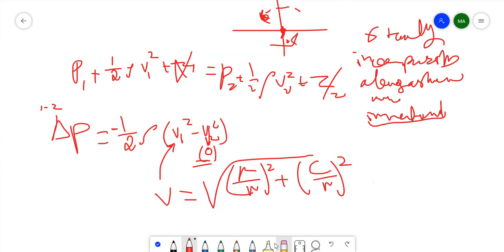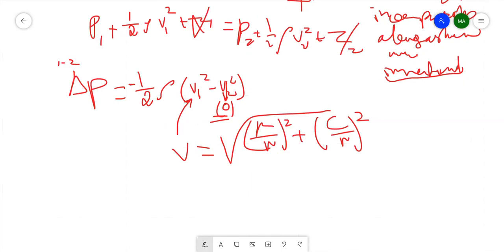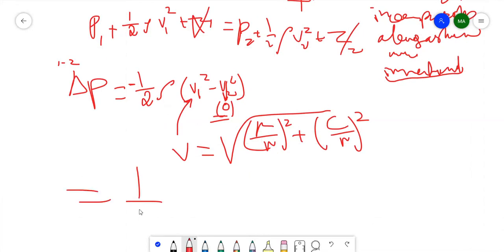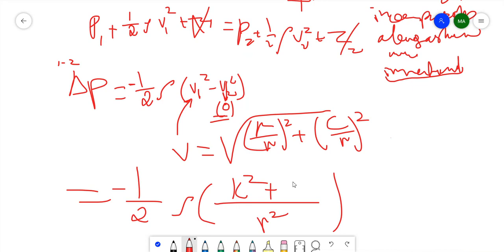So what will happen is that the pressure differential will be equal to minus half rho, and now squaring this root, you will end up with R squared in the bottom, K squared plus C squared, which is essentially the exact same thing.